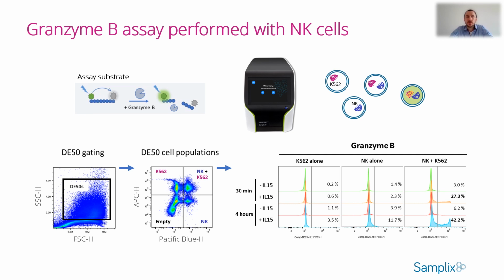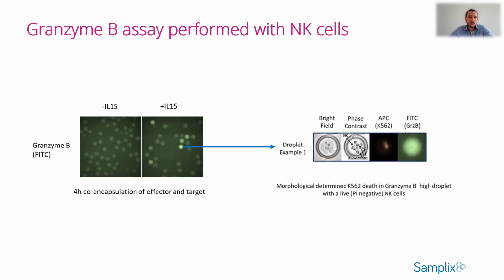It's a really fast readout assay, and you can also see that the level of granzyme B containing droplets increases even further after 4 hours of incubation in the stimulated population.